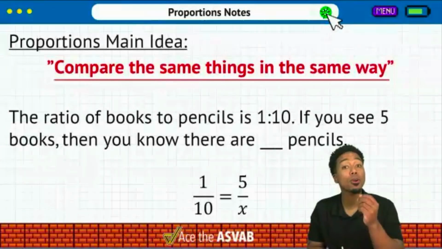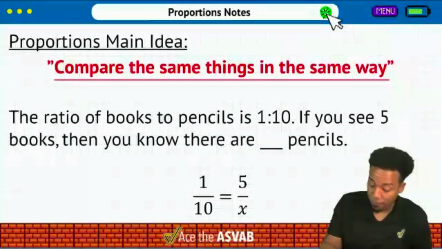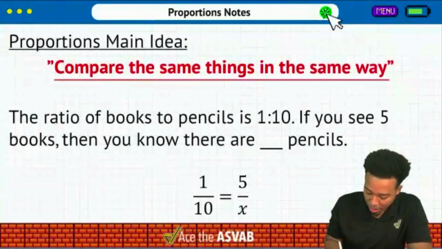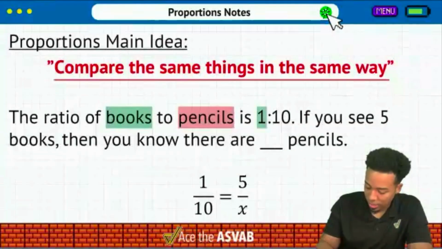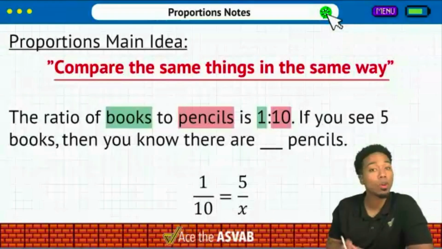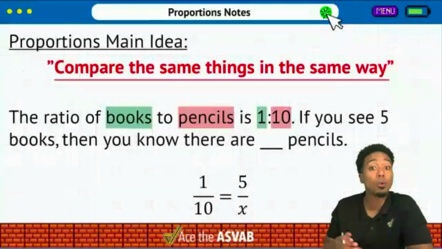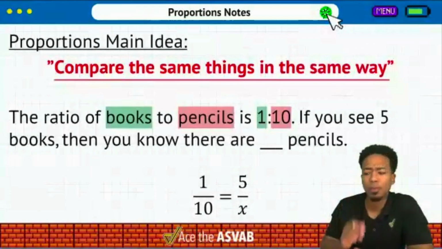The order matters. So everybody take a look at this. If we were to show that we have books to pencils as 1 to 10, look at that. The order matters. One more time, everybody. Does the order matter when you're stating a ratio? Let me know again in the chat box.